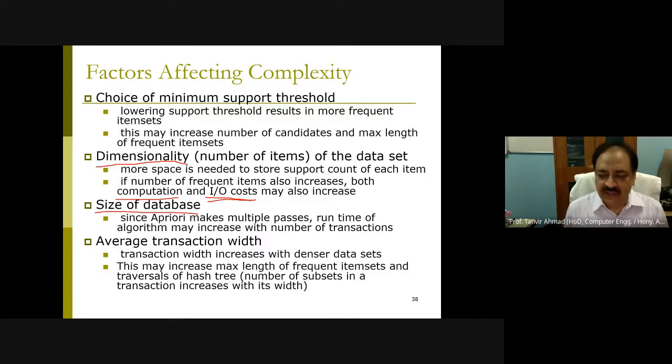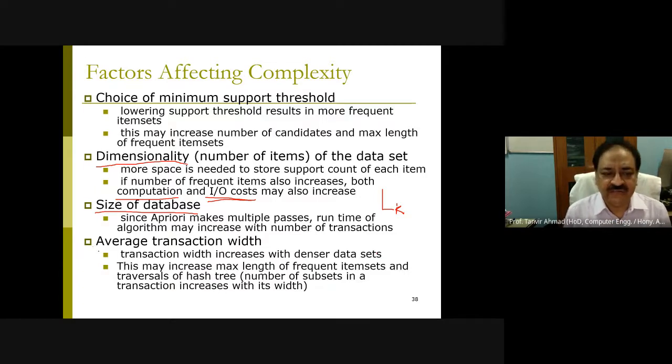When you generate L1, you require one scan; when you generate L2, again one scan, and so on until you generate Lk. Therefore, to generate Lk, I will require at least k scans.